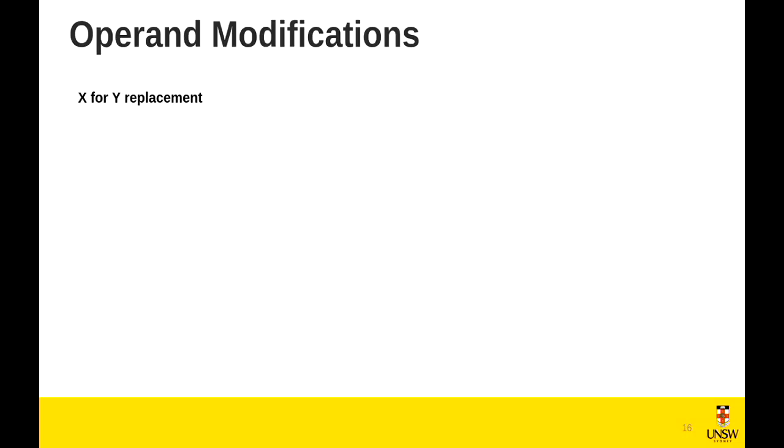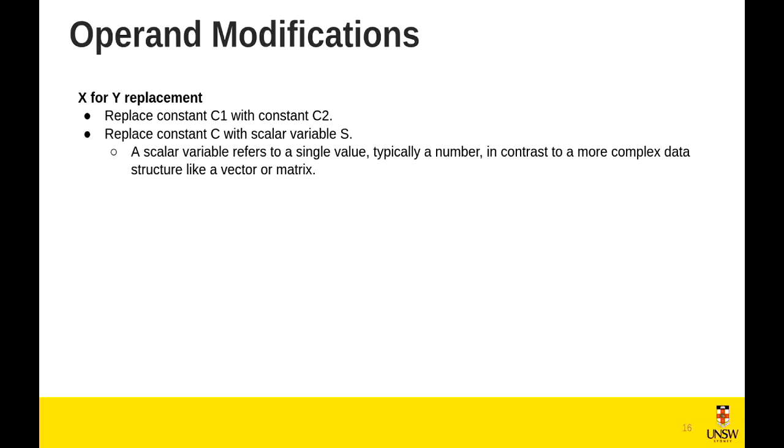The first type of operand mutation operator is called X for Y replacement. We can replace one constant with another constant, or replace a constant with a scalar variable. What is a scalar variable here? A scalar variable is in contrast to a vector or an array. It is a variable that refers to a single value without complex structures.